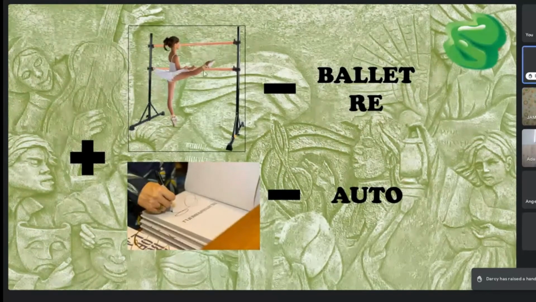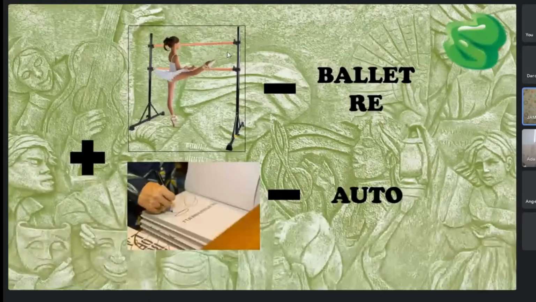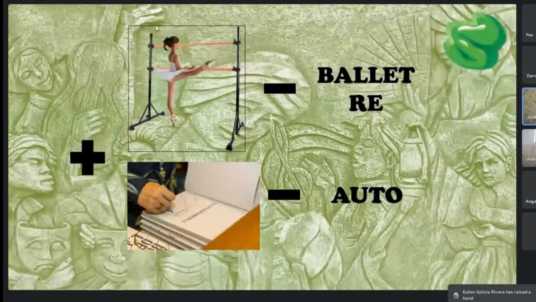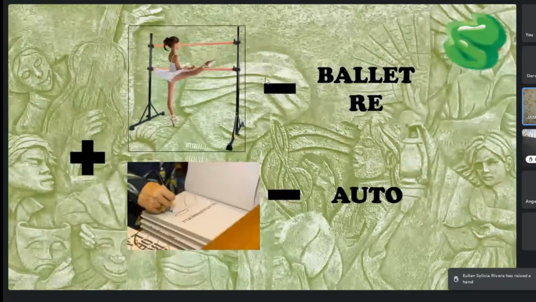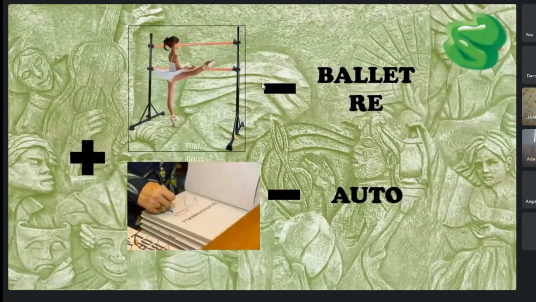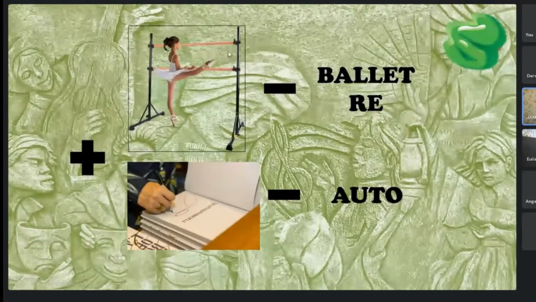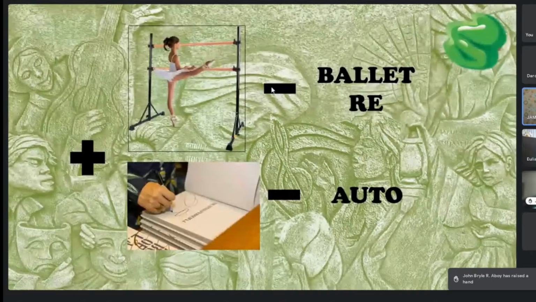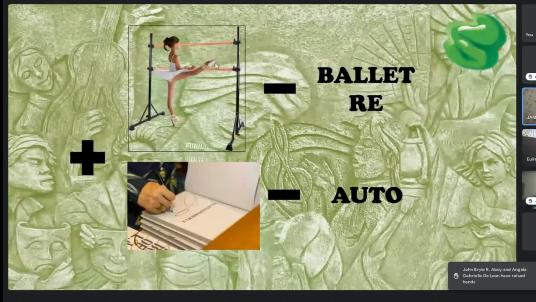Yes, Darcy? Ballerina po ba? Ballerina. Nice try, Darcy. How about you, Lian? Bar po ba? Bar. Let's see. What is this picture first? Yes, John Bryle? Ballet rehearsal po ba?